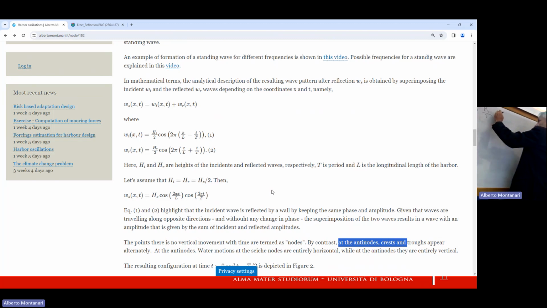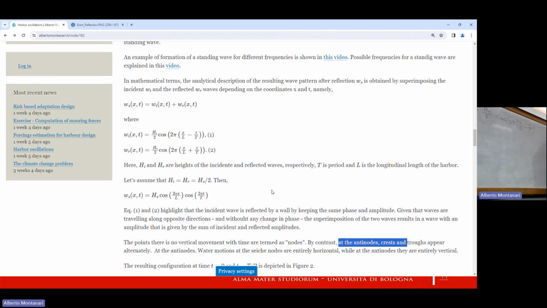And then we get cos of 2 pi, which multiplies x divided by L minus t divided by capital T. Capital T is the period, L is the length of the arm.